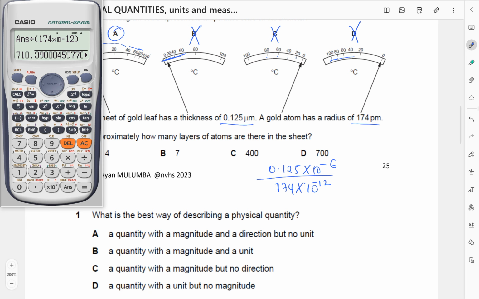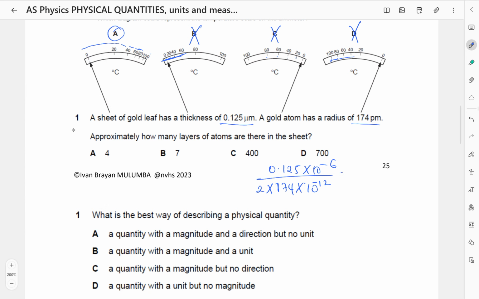Remember, this was radius, and for diameter we multiply this one by 2. So I will still divide the answer by 2, which gives me 359. So this is approximately 359, which is approximately 400 to one significant figure. So the answer is C.